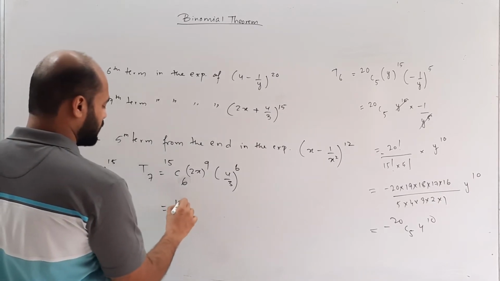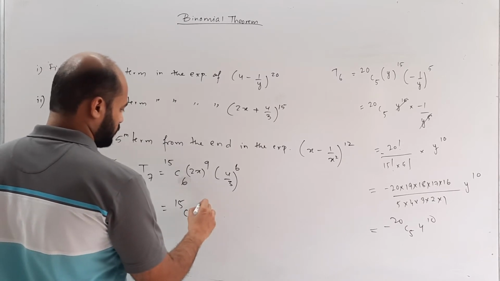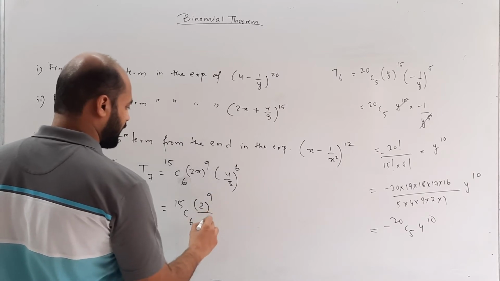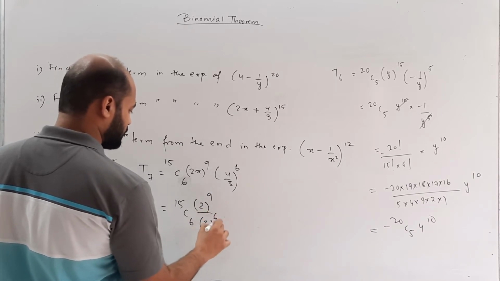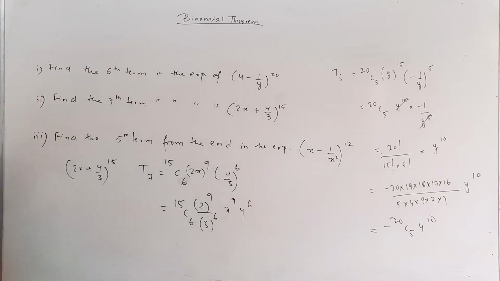After multiplication, this will be 15C6 times 2^9 divided by 3^6, x^9 y^6. That will be the term.